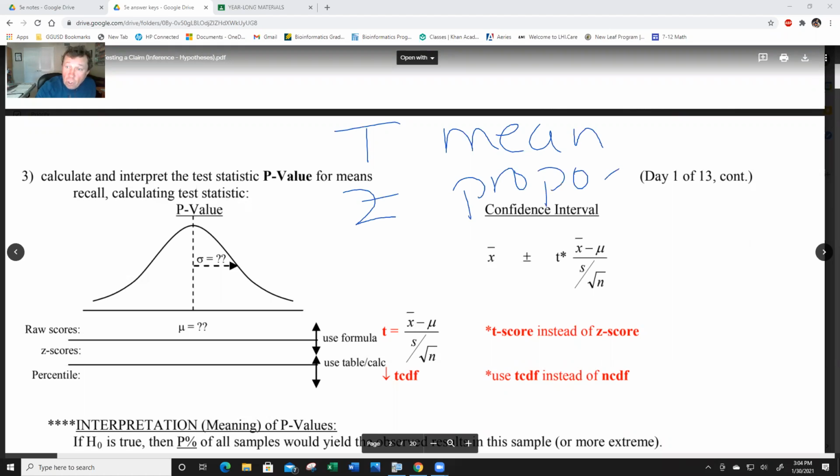And there are going to be really cool shortcuts later. I will not show you the shortcuts today. I'm going to do these from the perspective of a mean. I'll show you one thing new in the calculator, and then I'll show you the shortcut in subsequent lessons.